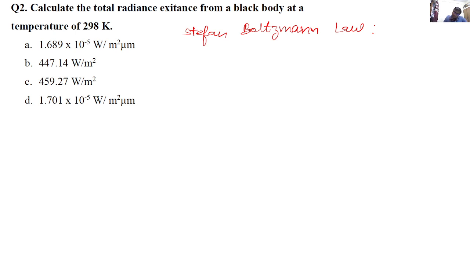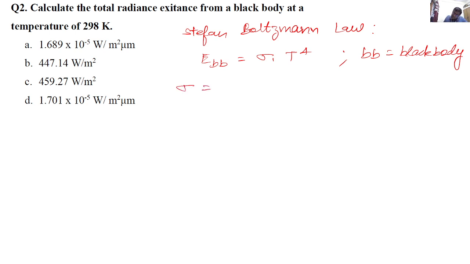So the Stefan-Boltzmann law states that the radiant exitance from a black body is basically sigma times T to the power 4. BB here is the black body, for which the emissivity is exactly equal to 1.